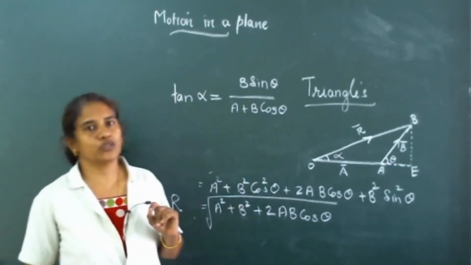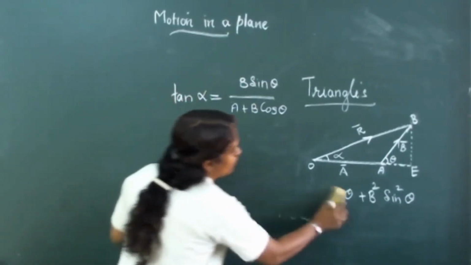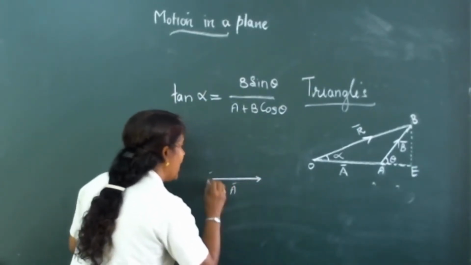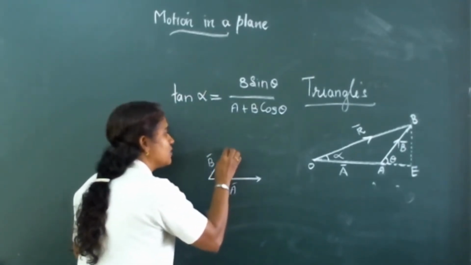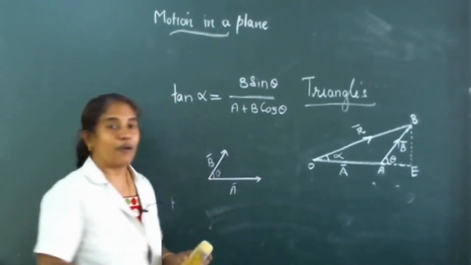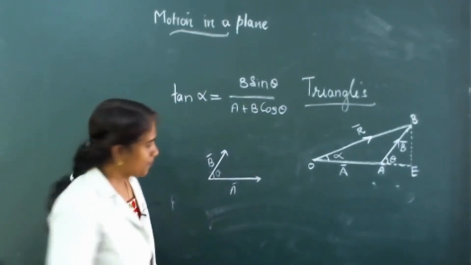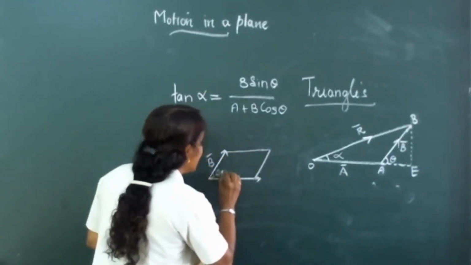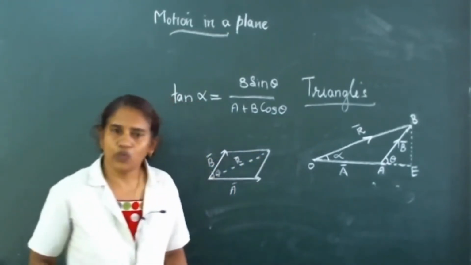Similarly, the parallelogram law can also be used. Let us see that also. In the case of parallelogram law, if vector A and vector B are the two adjacent sides of a parallelogram, separated by an angle theta, then after completing that parallelogram, the diagonal passing through that point of intersection will be the resultant vector.